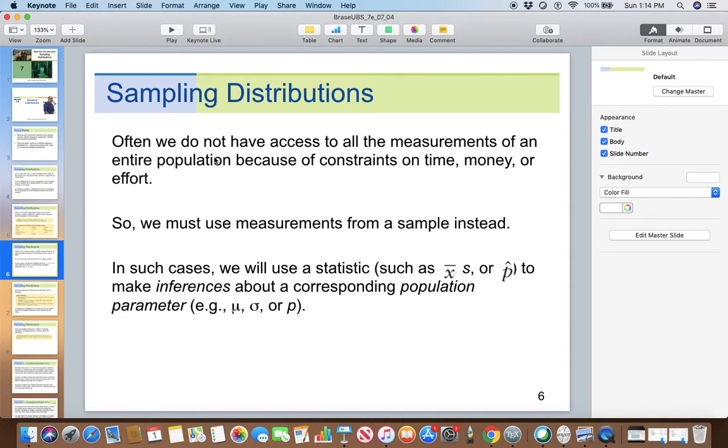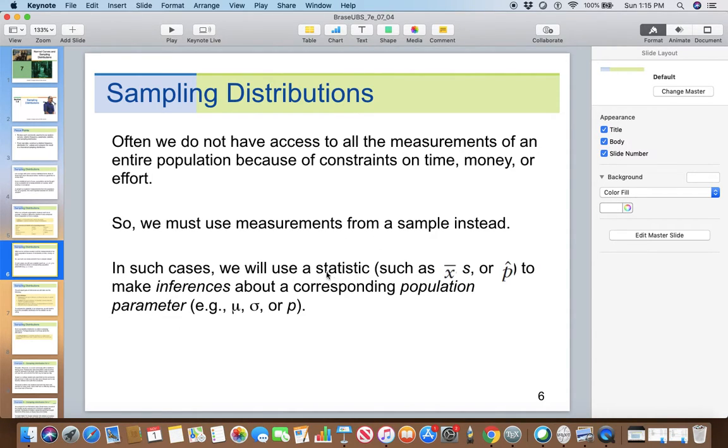Often, we do not have access to all the measurements of an entire population because of constraints on time, money, or effort. What this means is, we are making a statistical study. Our population might be very large, so we might not be able to get information about the entire population. So we use measurements from a sample instead.